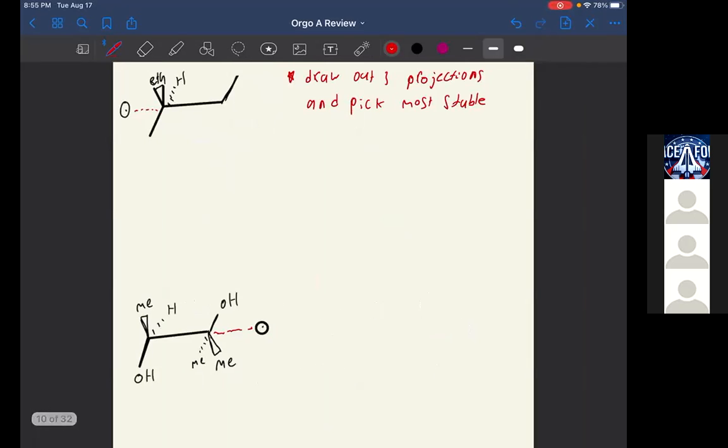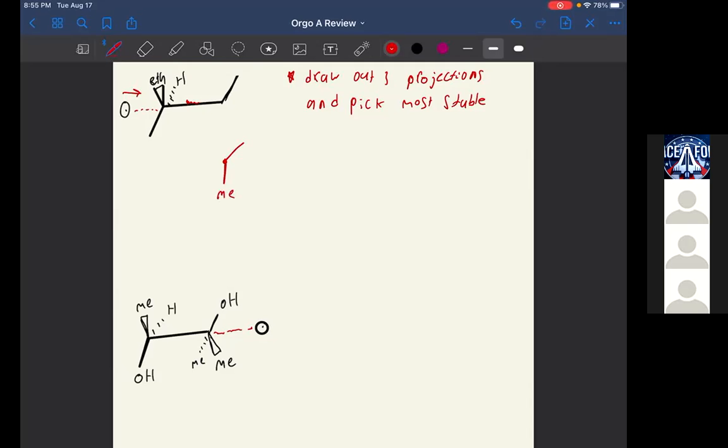So if you're looking at it from the right side, you have ethyl on a wedge, hydrogen on a dash, and you have methyl down. And this right here is your backbone. So when you draw it, the dot acts as your backbone. Well, first off, put the methyl down.